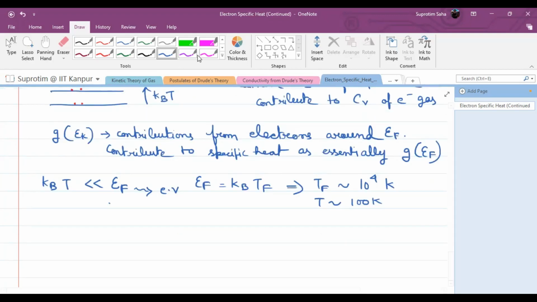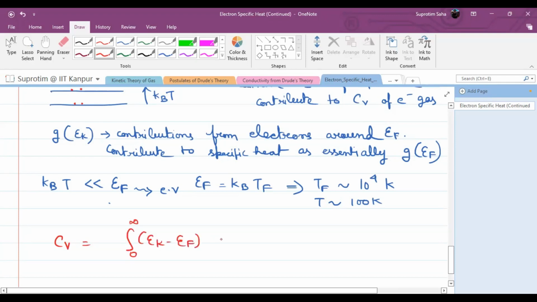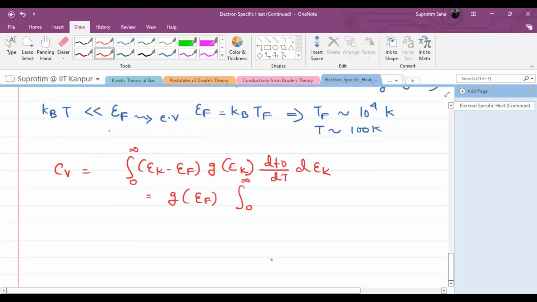So what you essentially have now is that you can write the integral from 0 to infinity of Ek minus Ef, G of Ek, d Fermi Dirac by dT, d of Ek, as G of Ef integral from 0 to infinity of Ek minus Ef, d of Fermi Dirac by dT, d of Ek.